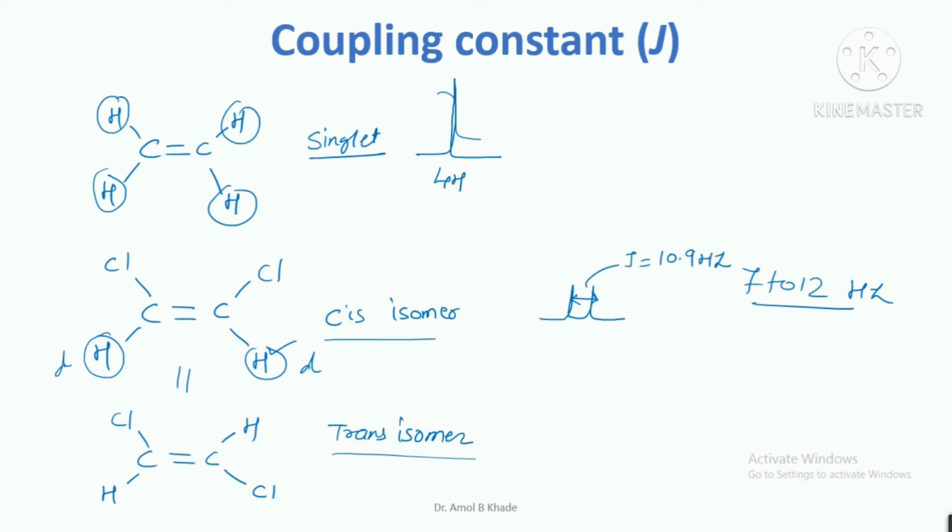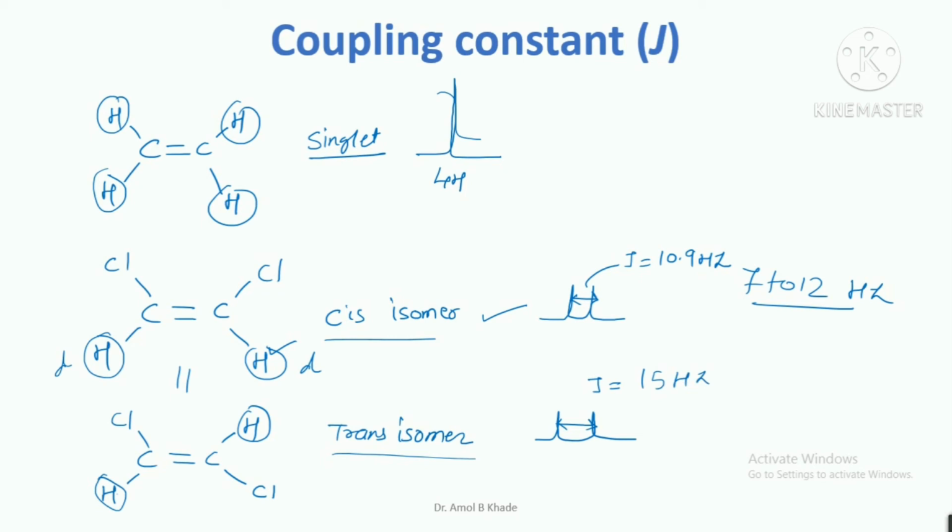Whereas this proton and this proton are also in a chemically identical environment, so they will give only one doublet here. In this case the doublet is slightly different from the doublet we get in the cis isomer. If I measure the coupling constant here, it appears at 15 Hertz.